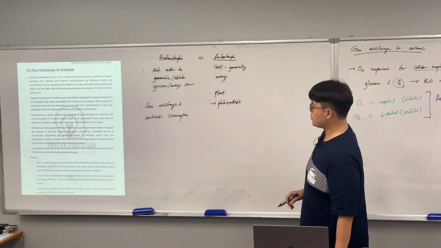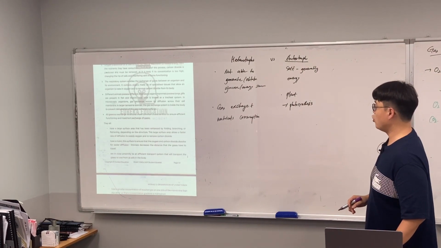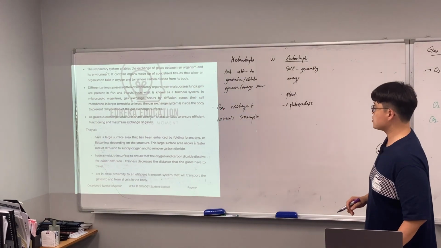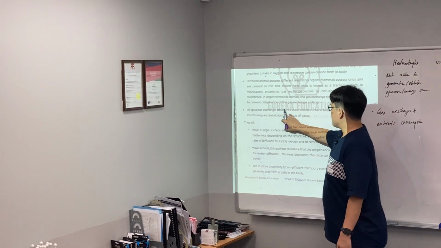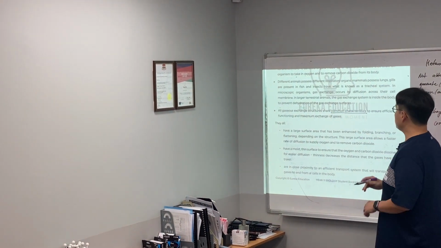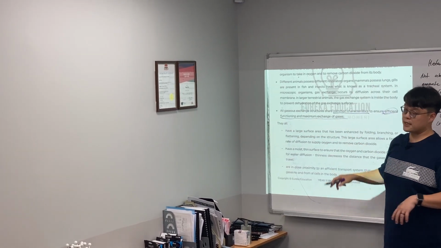We're going to talk more about the respiratory systems. Page 64, please, in the last dot point. All gas exchange structures share common characteristics to ensure efficient function and maximum exchange of gases in that region.